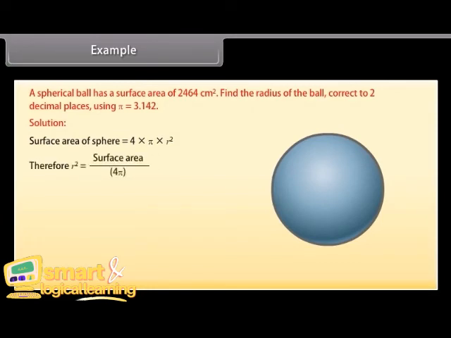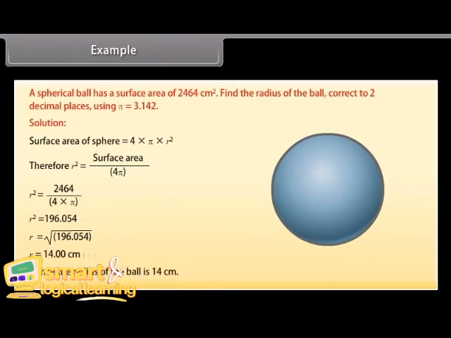Therefore, r square is equal to surface area upon 4 pi. r square is equal to 2464 upon 4 into pi. r square is equal to 196.054. r is equal to under root 196.054. r is equal to 14 centimeter. Hence, the radius of the ball is 14 centimeter.